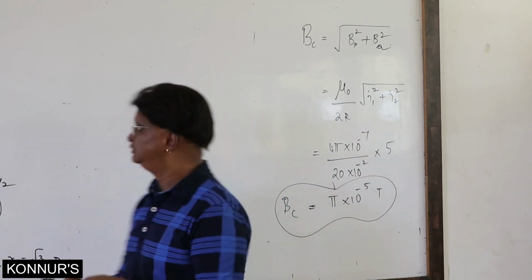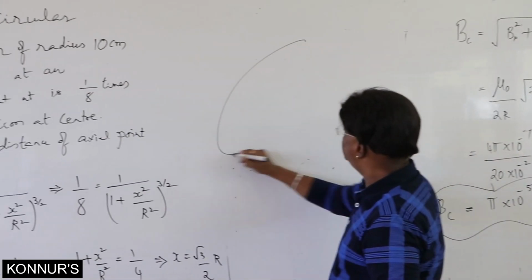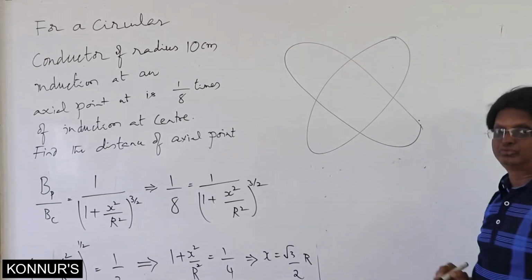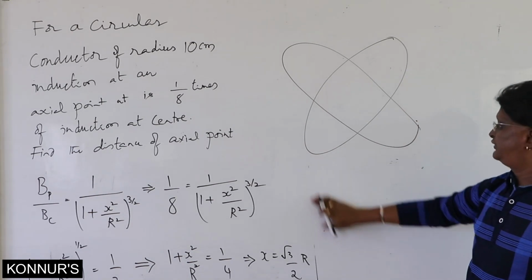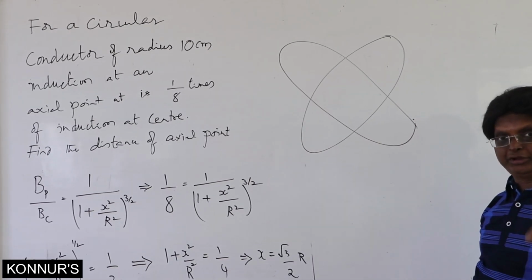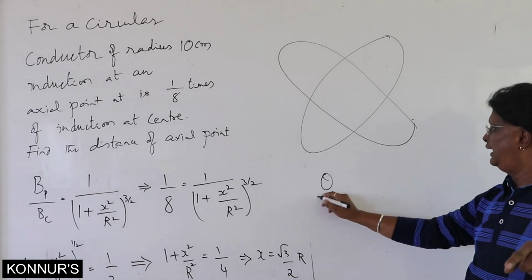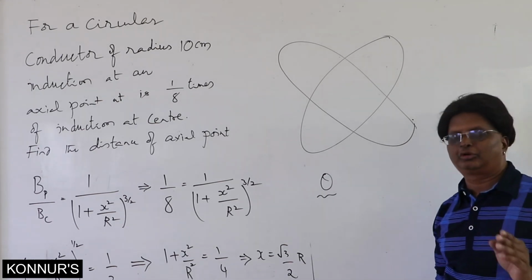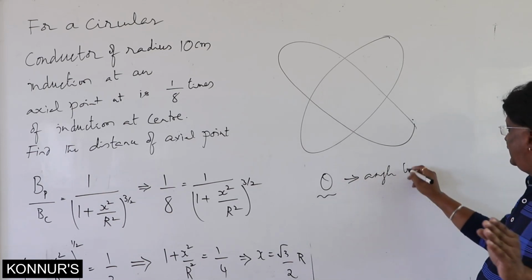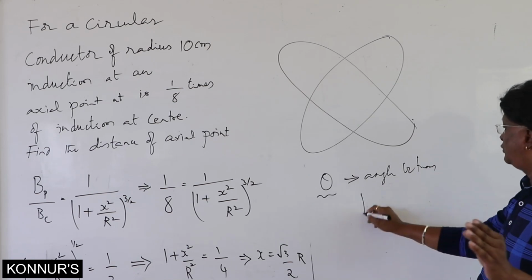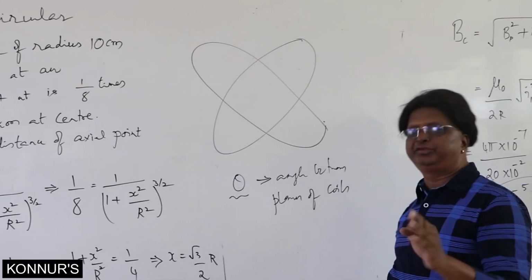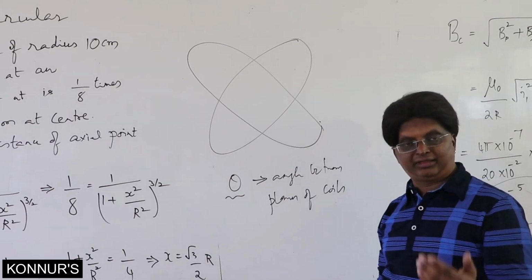Instead, supposing I said these are two circular coils, of the same radius of course. Earlier we said the planes of the coils are at right angles, but now I say theta is the angle between the planes of the coils, and supposing it is not 90 degrees, because we already did the case of 90 degrees.